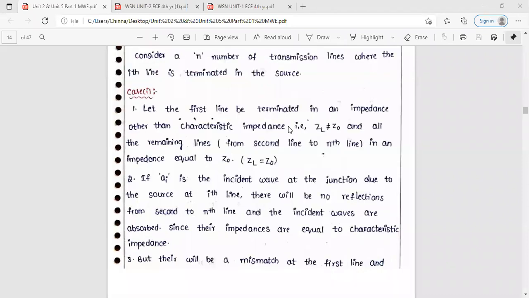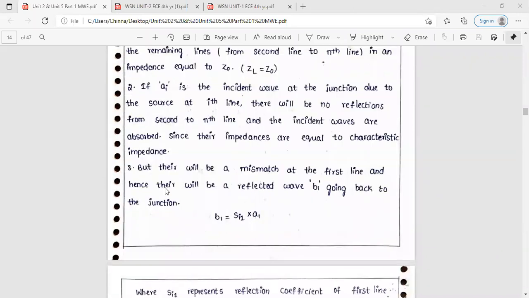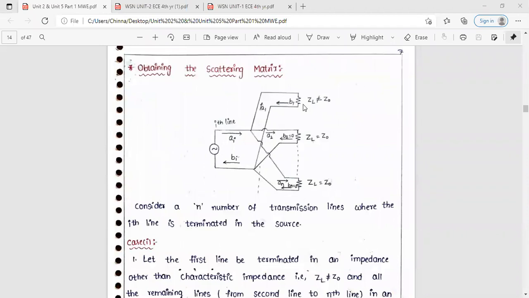Therefore, there is a mismatch at the first line, and a reflected wave B1 will be obtained going back to the junction. Whenever A1 is transmitted and a mismatch occurs across ZL not equal to Z0, B1 is considered the reflected wave, which moves back to the source.